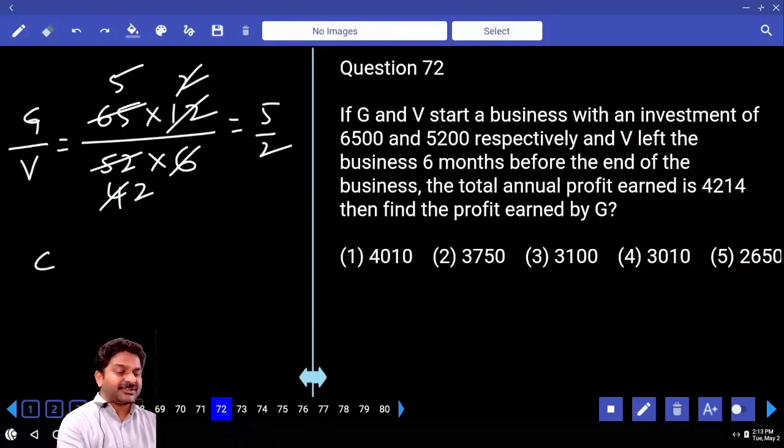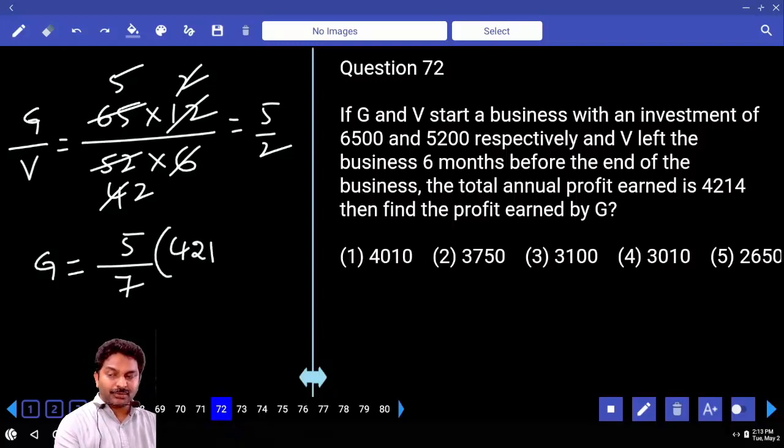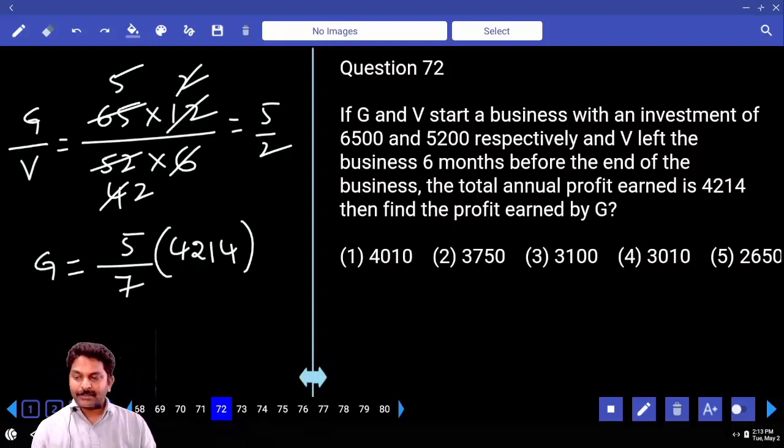Now the question is about G's profit, right? G should get 5 parts out of the total 7 parts. Correct?